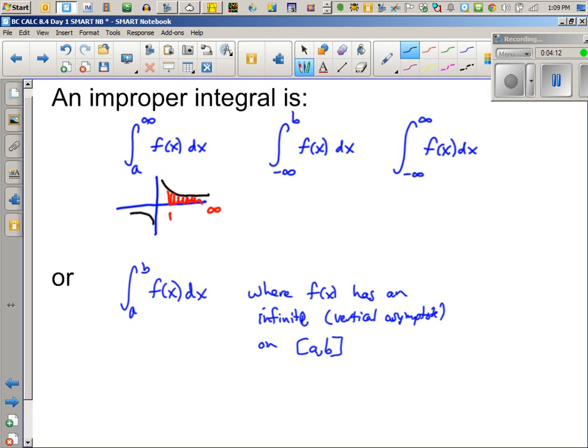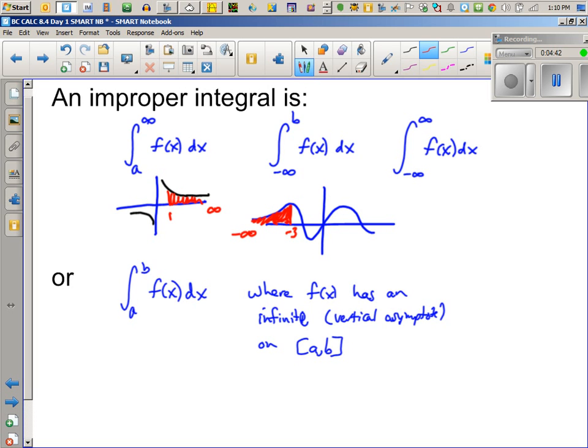A picture might be something like, here's a graph, and we're trying to find all this area from negative infinity all the way out here to some value b, I don't know, negative 3. Again, it's improper because of what it's asking for. It's asking for the area of an infinitely large slice.